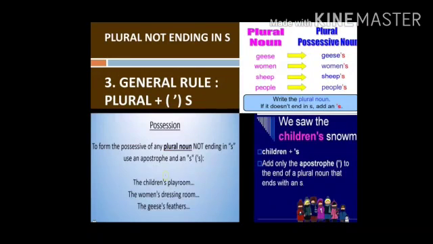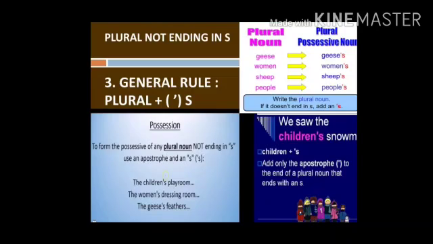Next rule is that when we want to use a plural noun that does not end in s and show belonging, suppose children, women, geese, again we'll just put an apostrophe and an s. Like, what is the plural of goose? Geese. If I want to say geese's feather, how will I write?